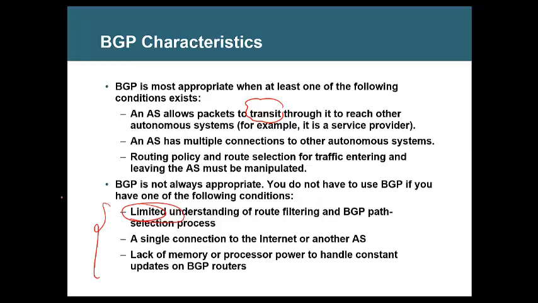Then you need to think twice. The reason is BGP is going to take more processor and memory depending on how many networks you learn from another autonomous system. The more the networks, the more CPU and memory is needed.